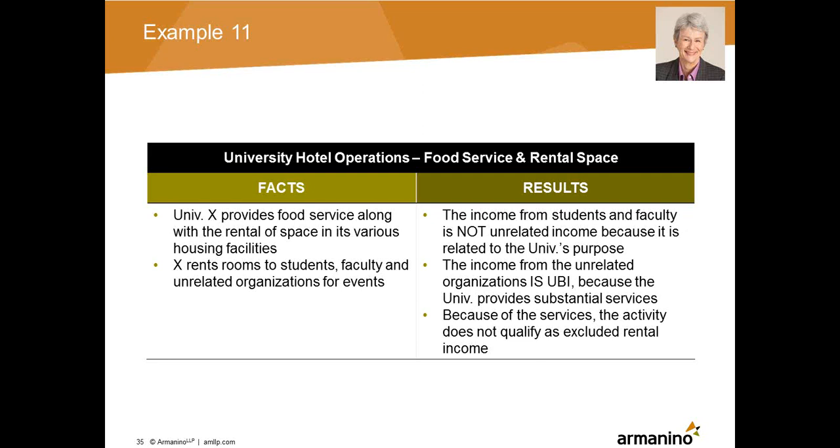So the next thing I wanted to talk to you about is the allocation of rental expenses against unrelated business income. Our landmark case out there is Rensselaer Polytechnic. In Rensselaer, the taxpayer separated its rental expenses into 3 parts. The first part was the direct expenses.